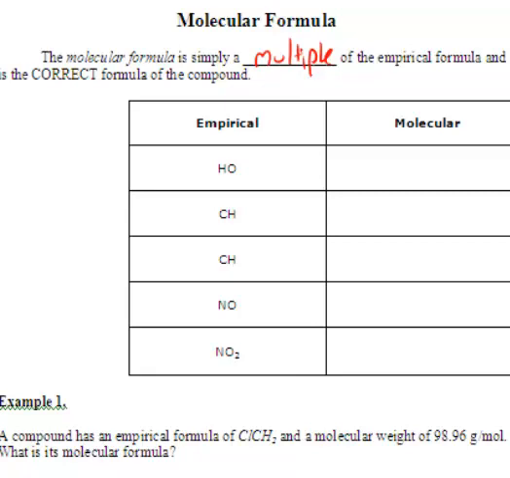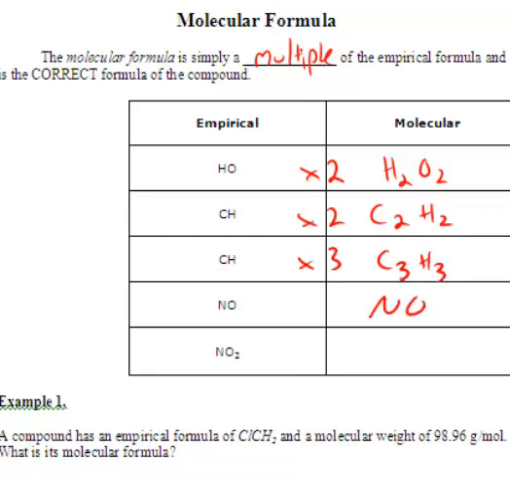So for example, HO, if it's a molecular formula, there's all sorts of variations that you could have. You could have H2O2, you could have H3O3, but either way, all we did was multiply each by 2. CH, if we have C2H2, we multiply that by 2. If we wanted to multiply it by 3, we'd have C3H3.